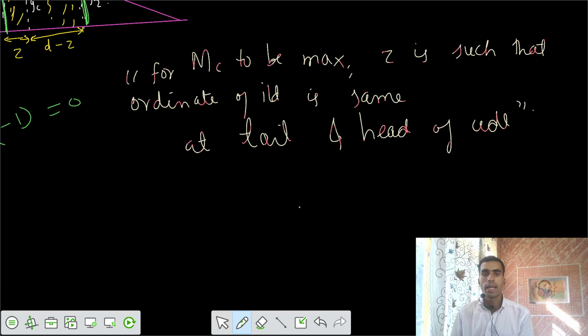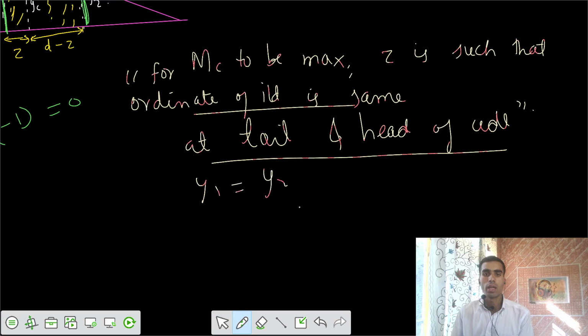That means the ordinate of ILD is the same at head and tail of the UDL.